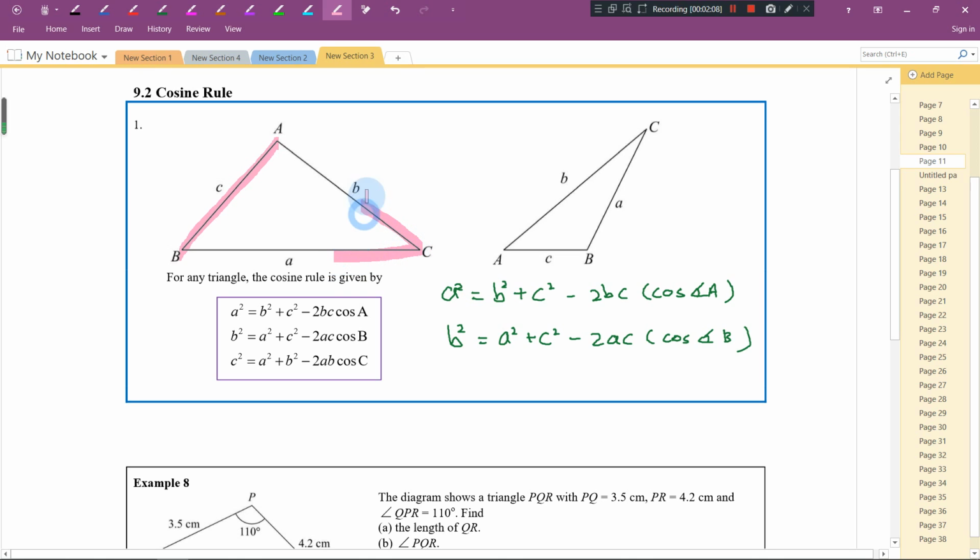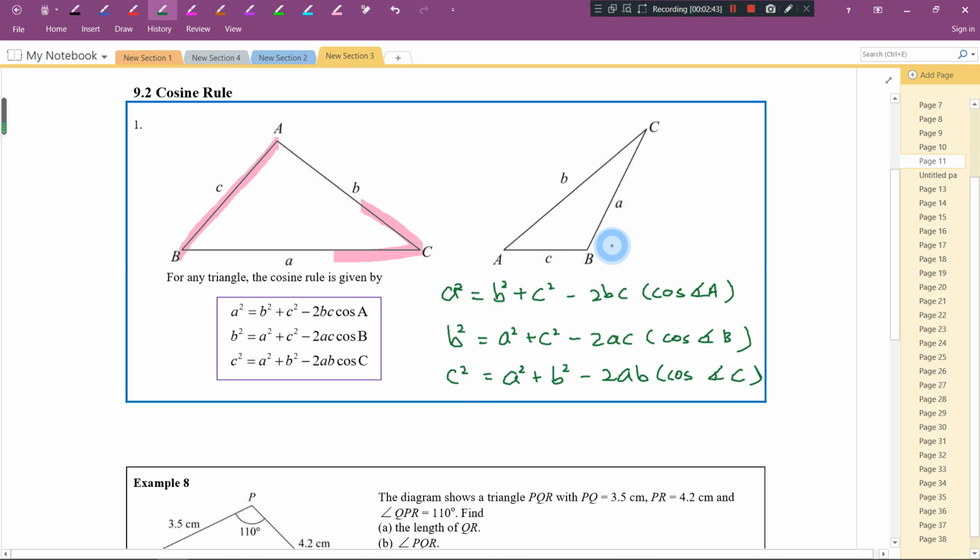Then I know that I need to use A, B, and the angle C. C square is equal to A square plus B square minus 2AB times cosine angle C. If you want to get A, you have to square root this whole thing. If you want to get B, same thing, square root this whole thing. Same thing for C.